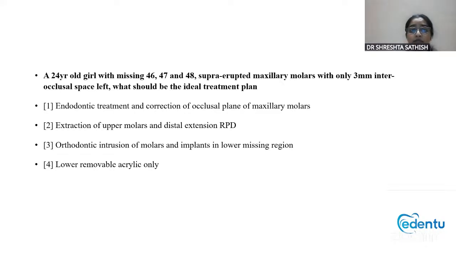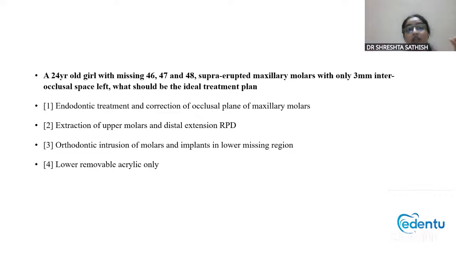It can be done. But considering her age, a 24-year-old girl, do you want to do so many RCTs and crowns in the upper? Not really. Do you want to extract all her upper posteriors? No. Will it be comfortable for a 24-year-old girl to be using a lower RPD especially for the rest of her life?